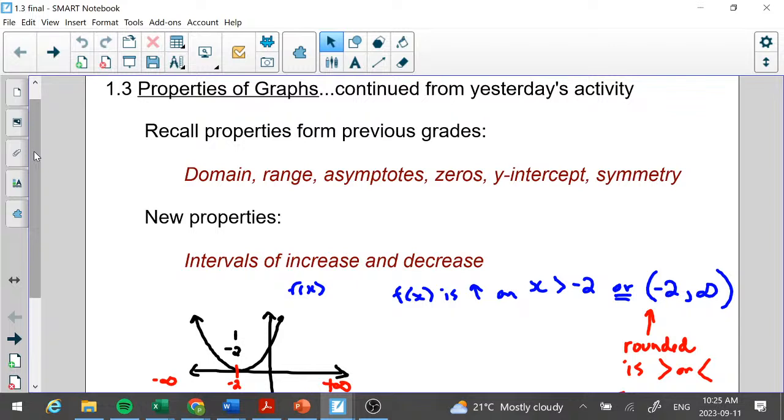What do you think? If you weren't listening, that's all right. What do you say? The number 2?